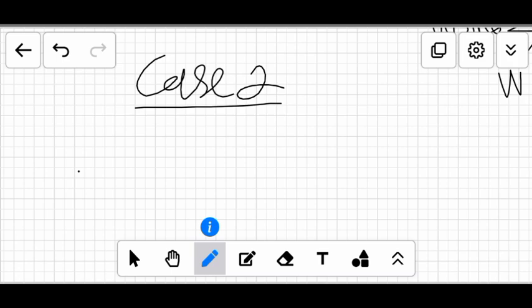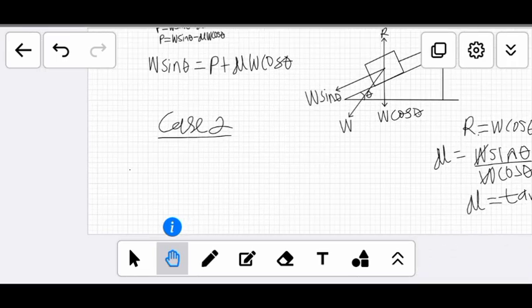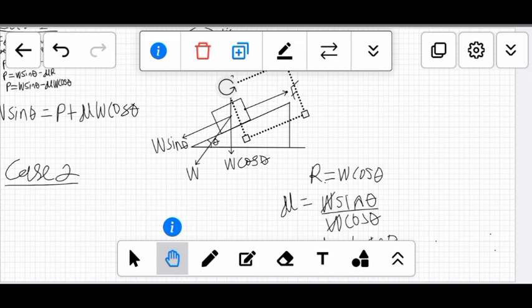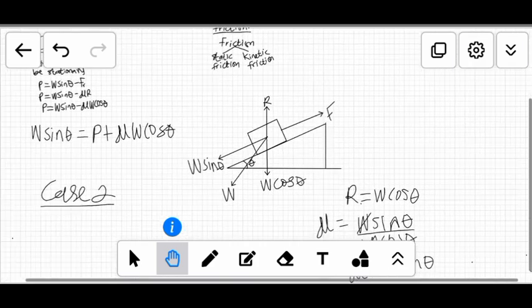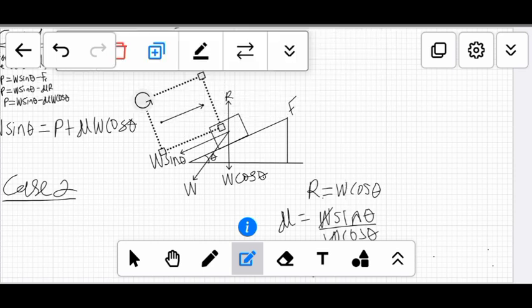we want the body to ascend. Ascending is the body moving up the plane. The condition that must be satisfied when the body moves up the plane is that frictional force will not act in this direction again, because the body is moving up the plane.